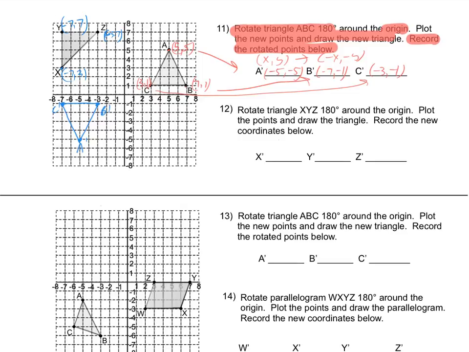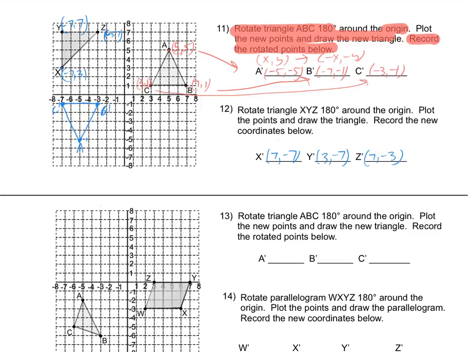To create our rotated figure, we're going to take those points and change the sign. So x is now 7, -3, y is now 7, -7, and for z you have 3, -7.